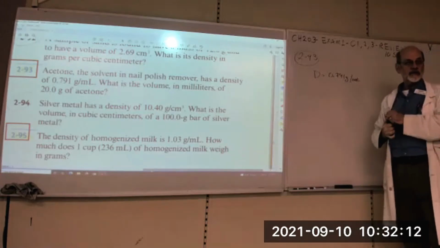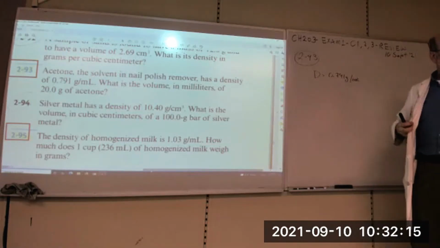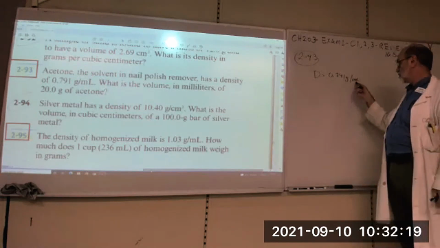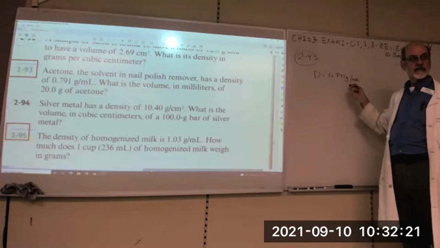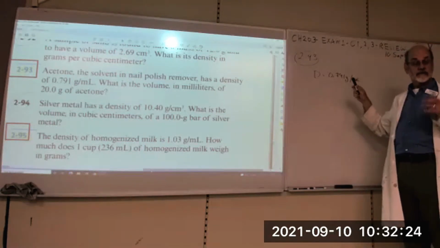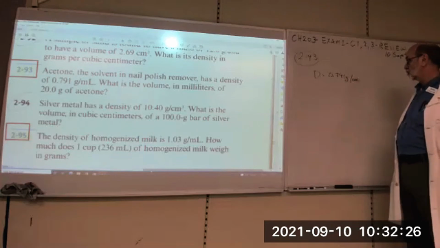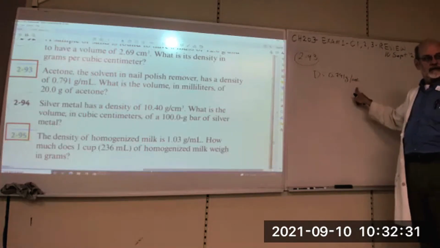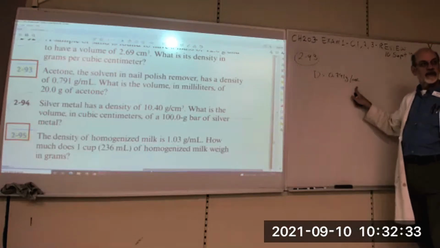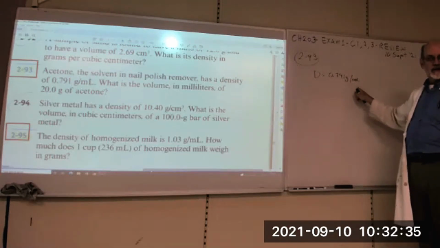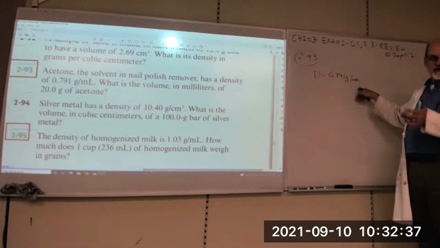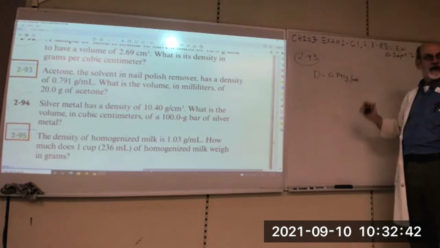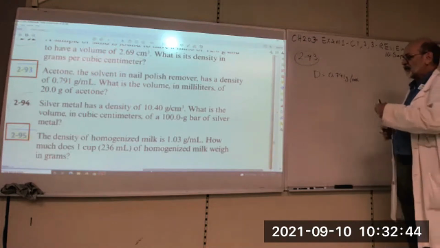That's typical for liquids. Liquid densities are reported in mass per milliliters or liters. Liquids are per milliliter, gases are usually per liter, and solids are usually per cubic centimeter. And you remember cubic centimeter and milliliters are equal. So all you have to do is just change the unit and keep the number. But in this case, that's acetone.